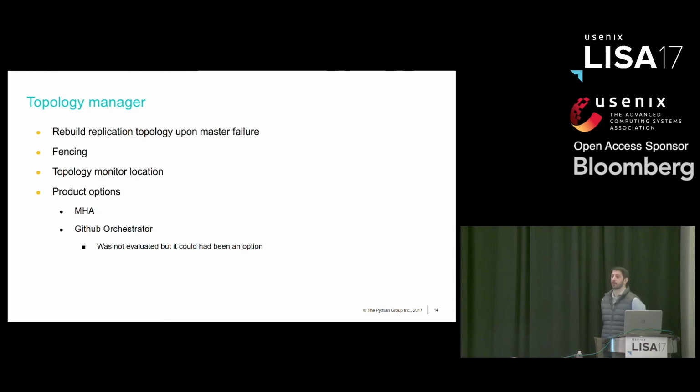And of course, if the proxy is still aware of that server, that same risk is still an option. So we chose MHA directly. I'm just mentioning GitHub Orchestrator here. I'm pretty sure it could have been an option as well, but we did not evaluate that at that time.